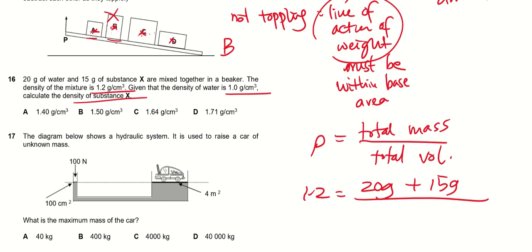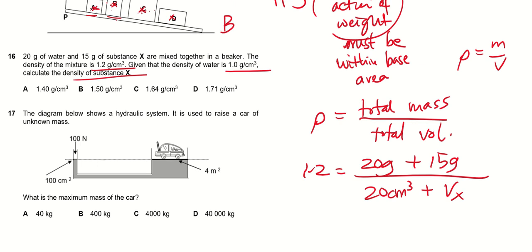Total volume, I only know that the volume of water, density equals mass over volume, I only know the volume to be 20 cm cube for water, but volume for X I don't know. So I'm going to solve this. 1.2 equals 35 over Vx plus 20.